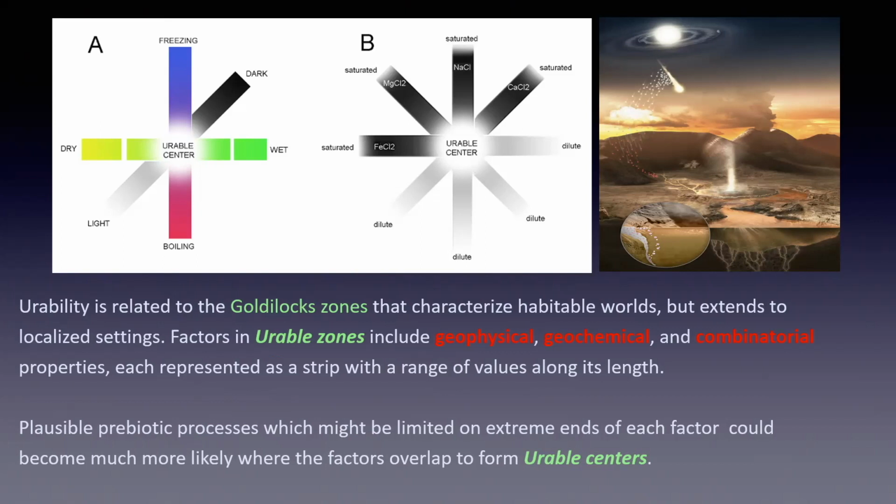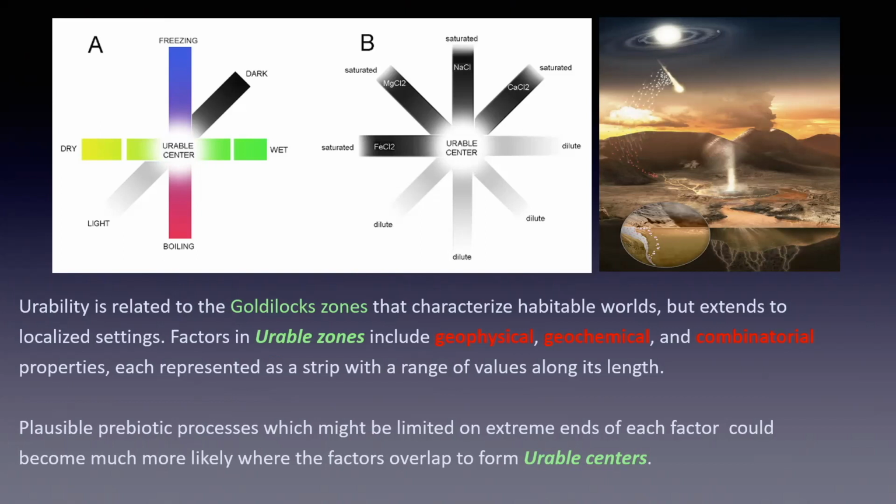So not too hot, not too cold, not too dilute, not too saturated, not too light, not too dark. We're talking about habitable centers, and that's that combinatorial aspect of habitability that we think is part of our definition.